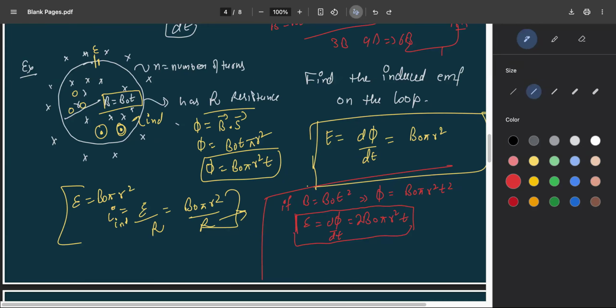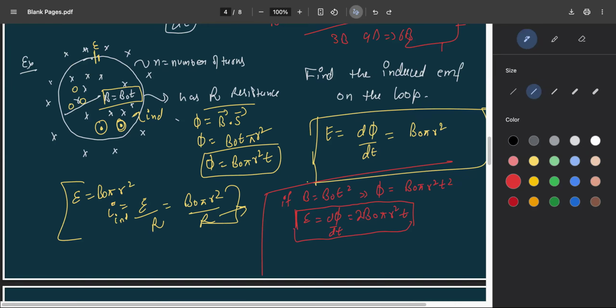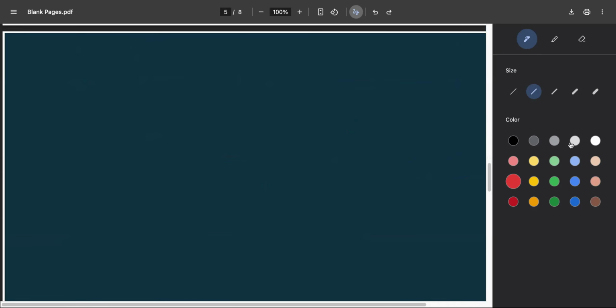So, Kirtana, let's do one last problem and we'll end the session today. You are given a basic rectangular loop. I'm going to give you a circuit. This is a battery which we have already kept.